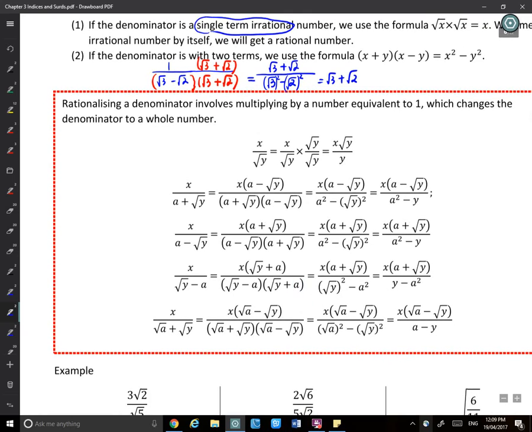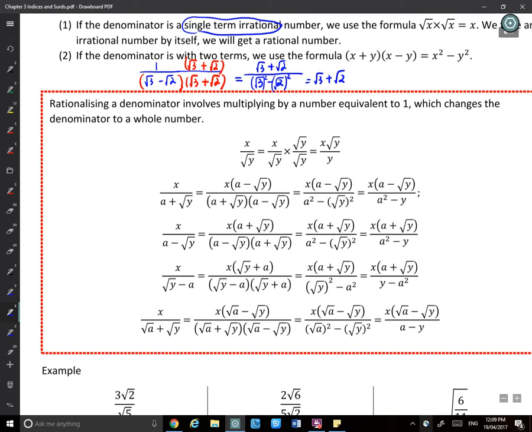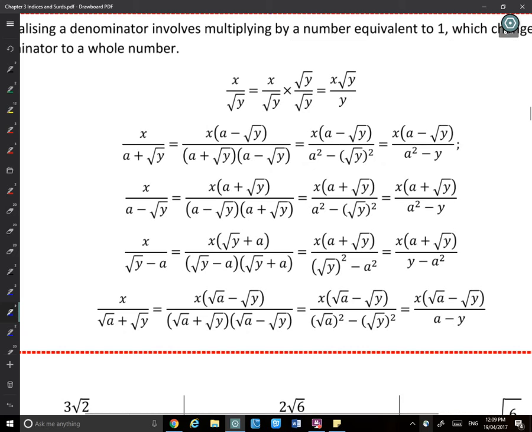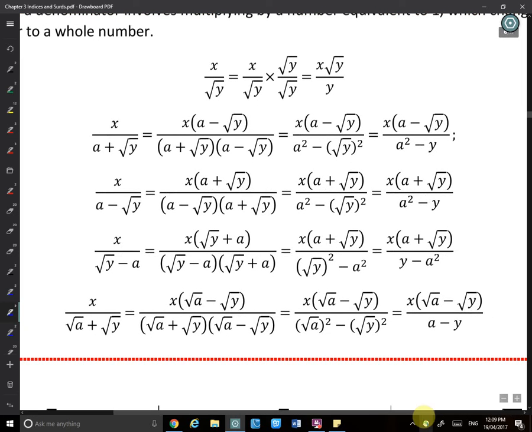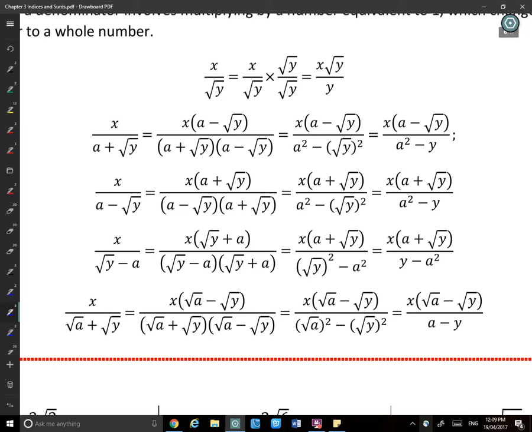Well, all this in the red box is quite useless because they all use the same thing. I'll just show you different cases. If you have a single denominator, you multiply by itself on both top and bottom. If you have two terms, it doesn't matter even if they are integers, like 4 plus root 3.